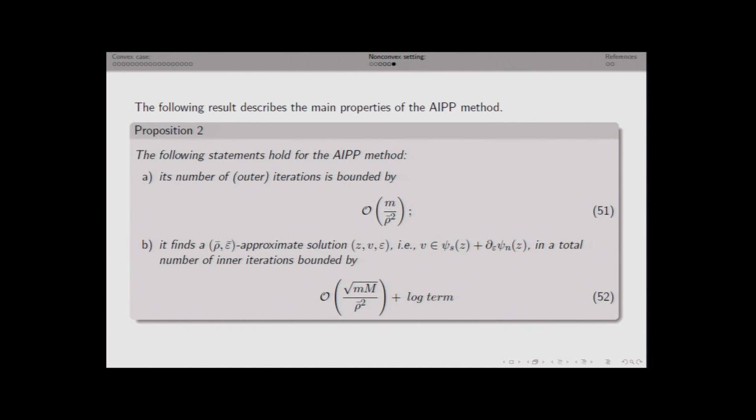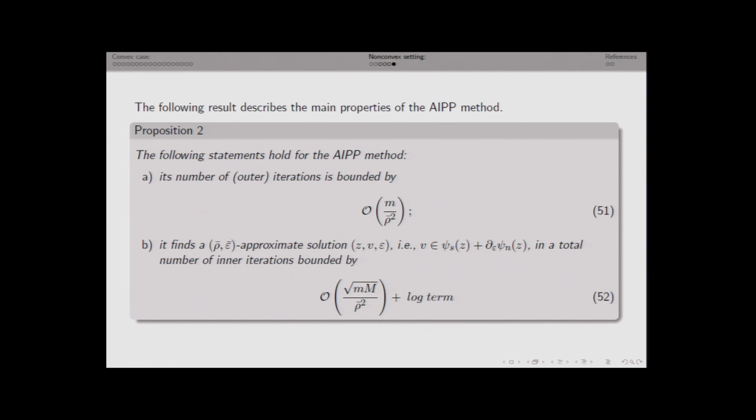So we count all of these iterations, and the number of outer iterations is given by this, where here you have the lower curvature, and the total number of iterations is given by this plus a log term, and you have an approximate solution in this sense.